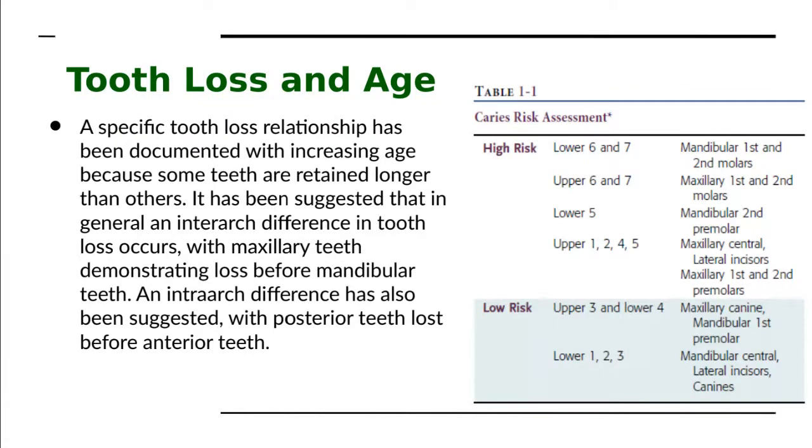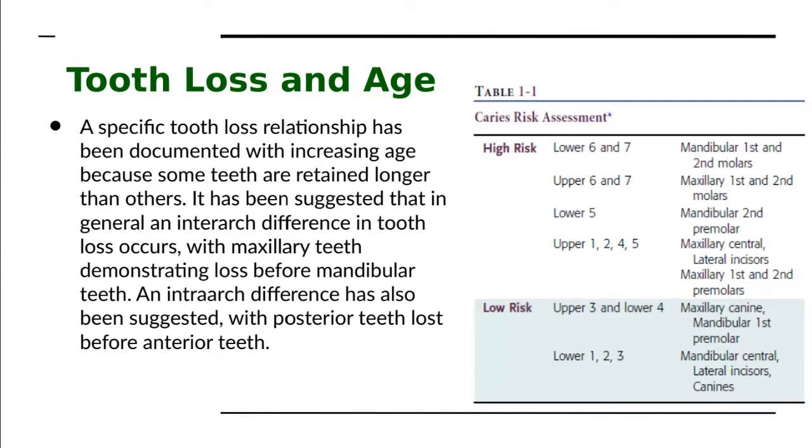Now, coming to the first one, tooth loss and age. There is a study in which they found that the lower 6, 4-6 or 3-6 are at high risk of loss. The tooth loss most of the time happens with the lower molars, the 6 and the 7s.